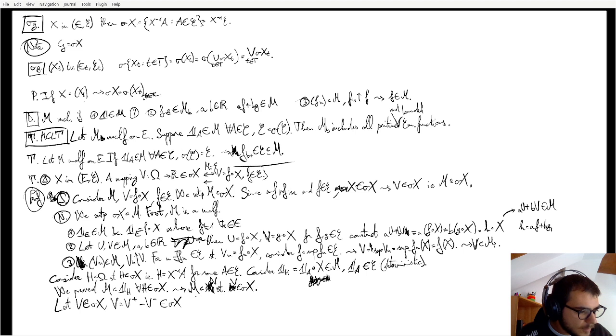And by the previous point, we have that V plus can be written as G applied to x, G composed with x, and V minus as H applied to x, with G and H both in E.